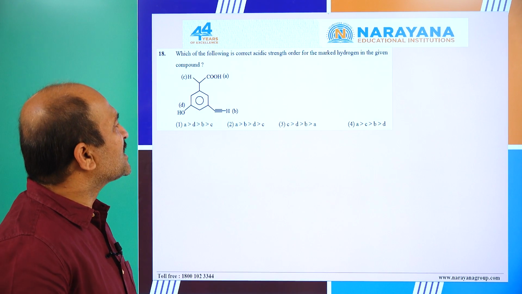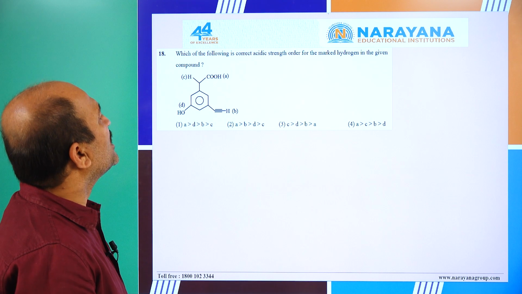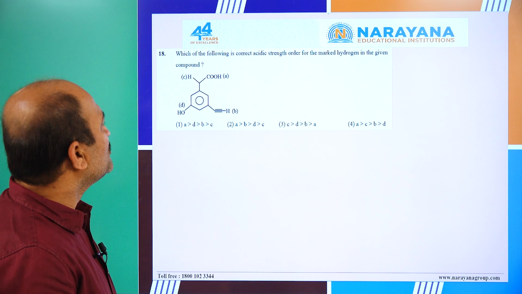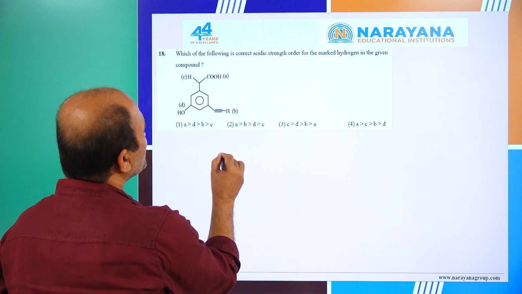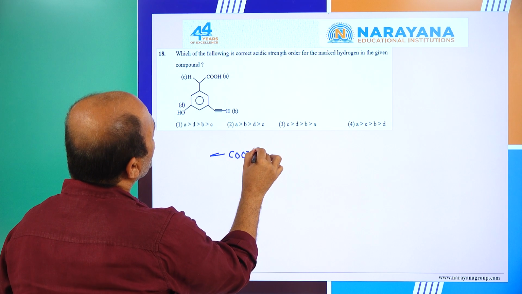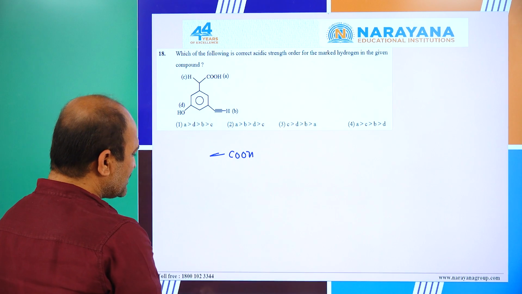Which of the following is the correct acidic strength order of the marked hydrogen in the given compound? You will check it. Among all the compounds, carboxylic acids are undoubtedly stronger acids. So COOH is the strongest acid.